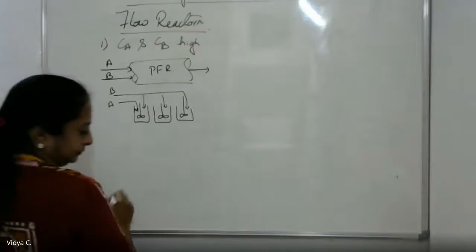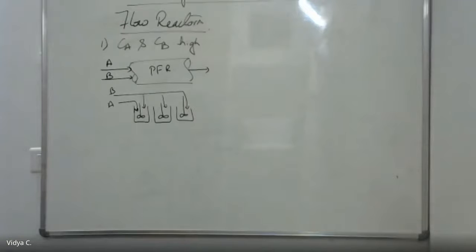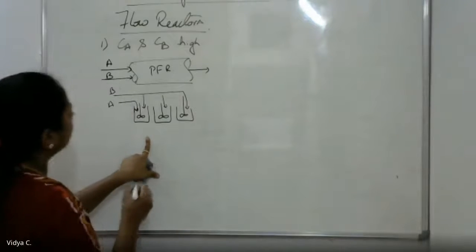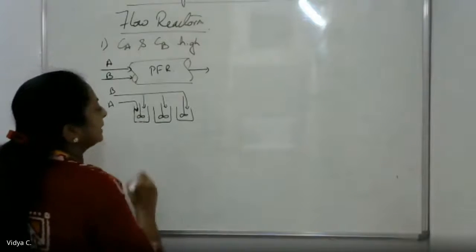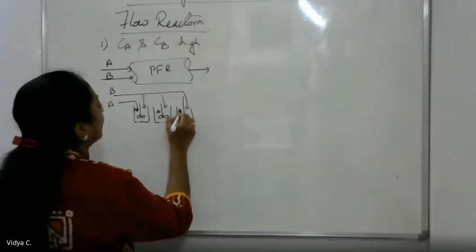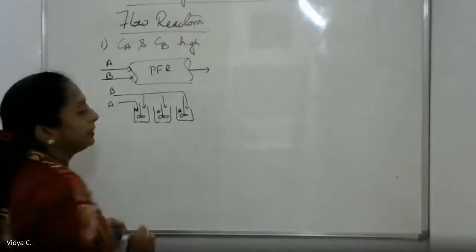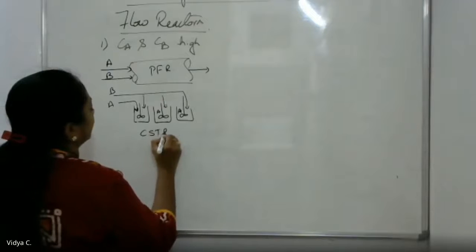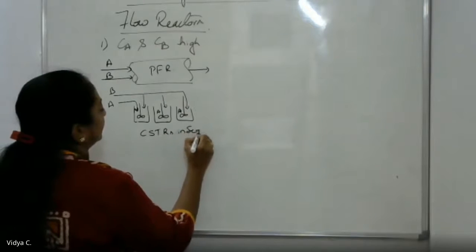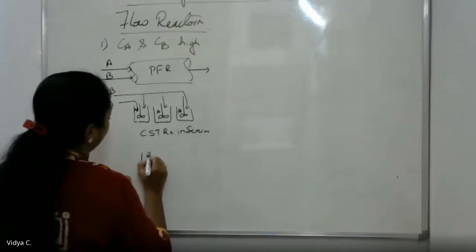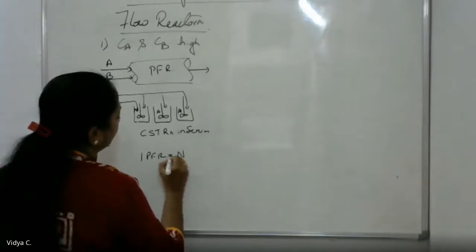So this is CSTRs in series with side stream B. A will be taken in here in all the reactors, and a side stream of B will be given. So these are CSTRs in series. So tau for one PFR is equal to n CSTRs in series.